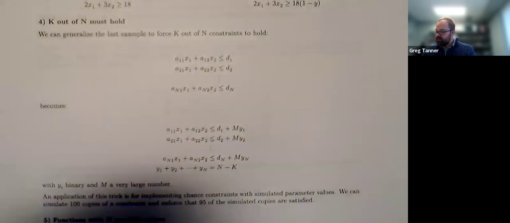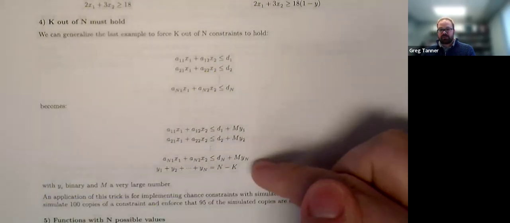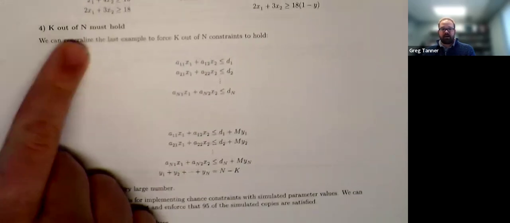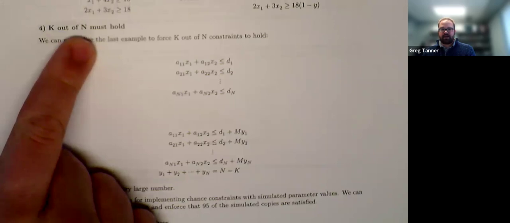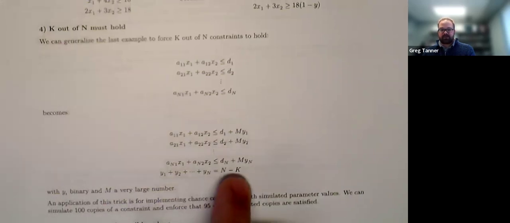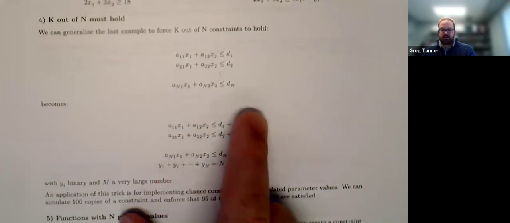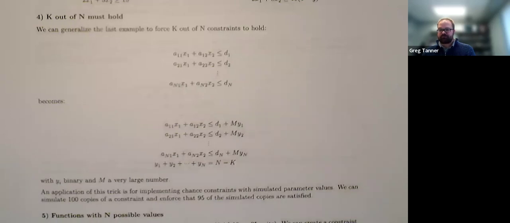And so any of the constraints where the y variable is equal to 1 are turned off. And then if we want k out of n to hold, then n minus k are turned off. This is saying that n minus k of the y variables are equal to 1. And so n minus k of these constraints get turned off, which leaves k of them left on.